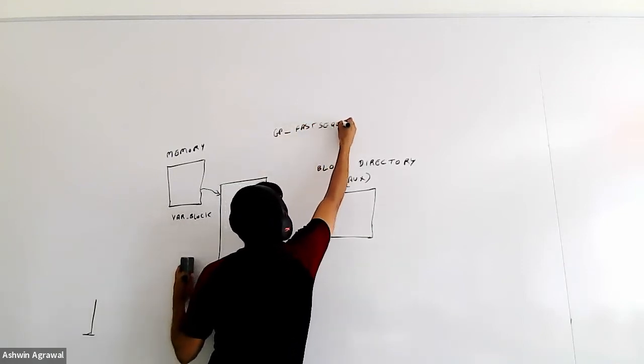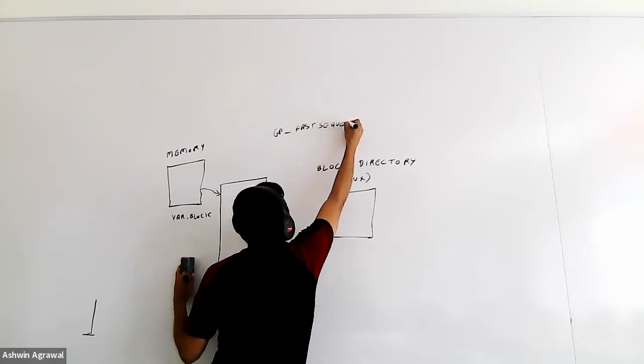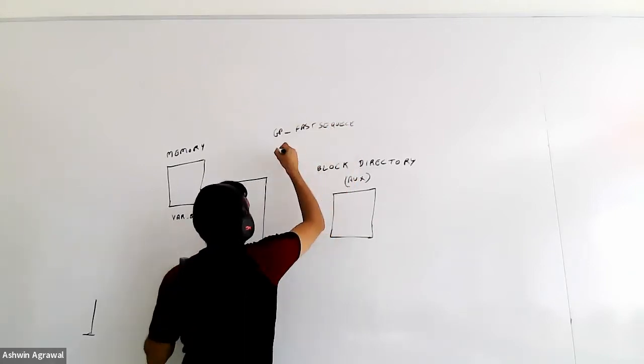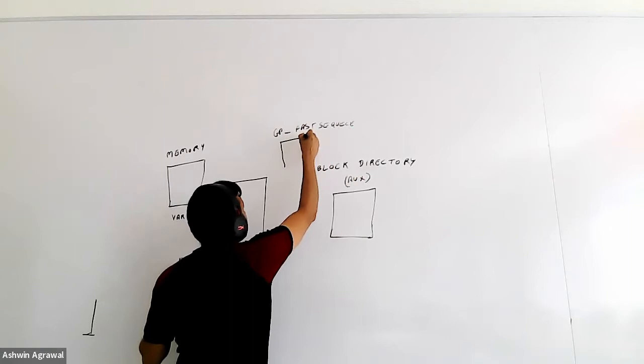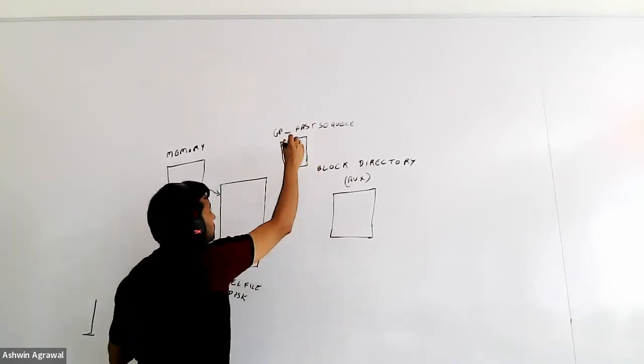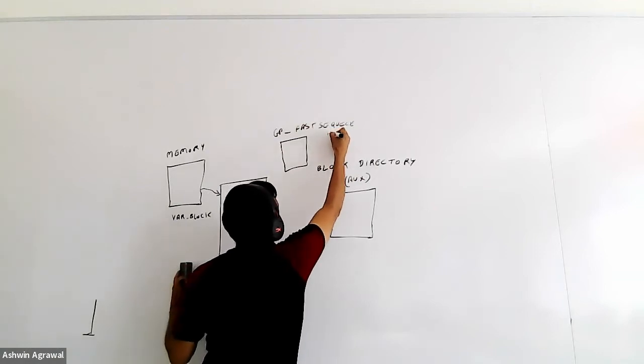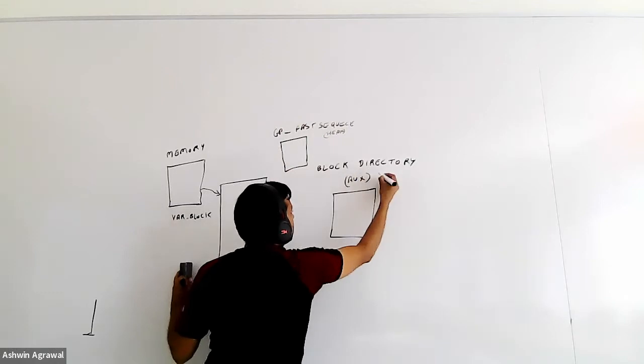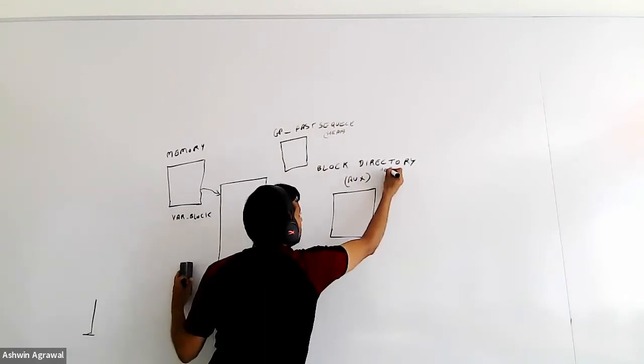So if you don't have indexes, life is very easy. But with indexes, all these other players start coming into play and make things a little complicated. So this is gp_fast_sequence, which is also a heap table. Block directory is also a heap table.